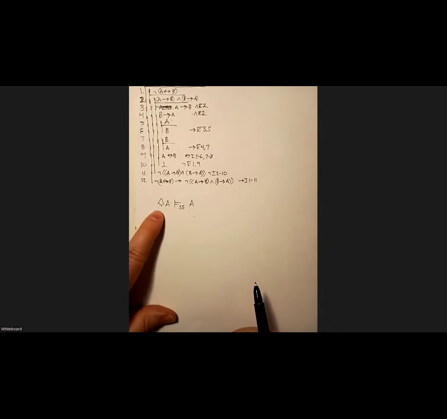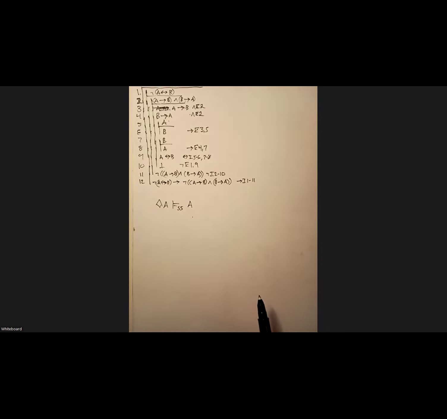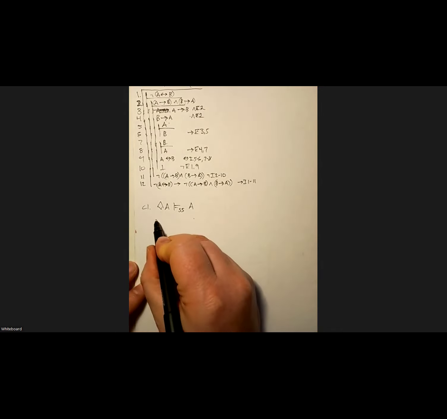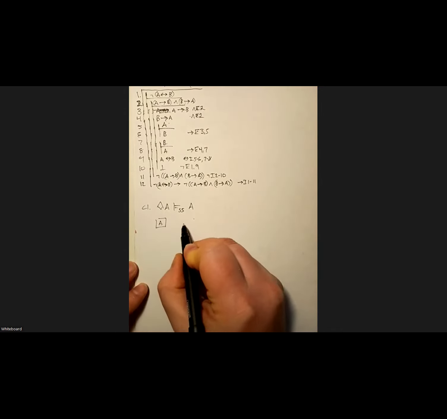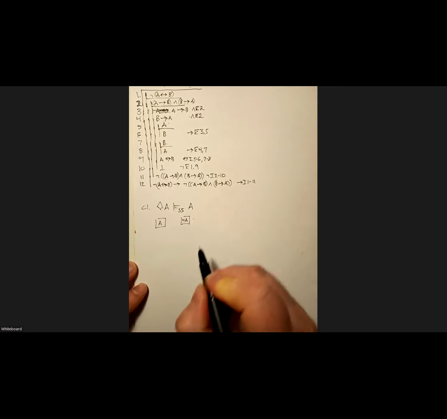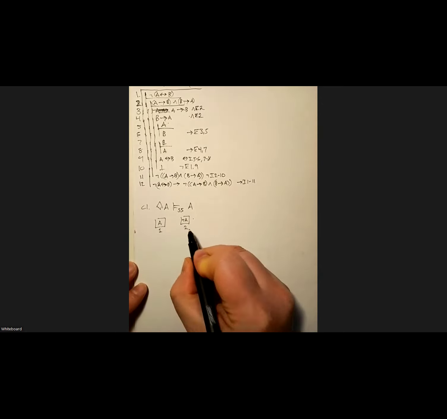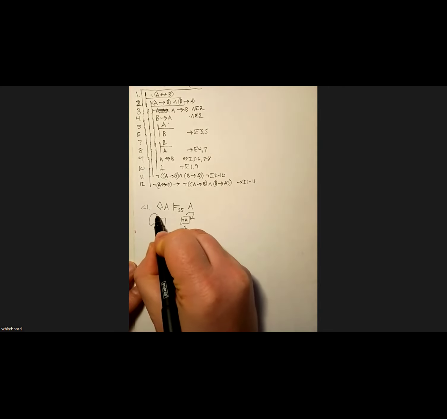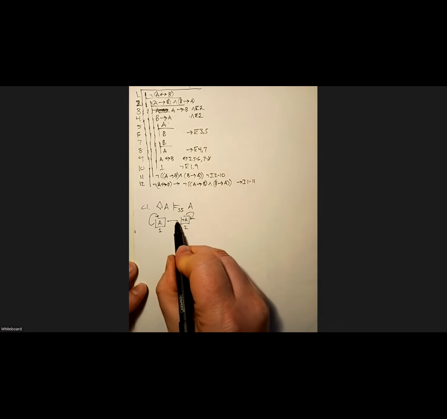If we remember, diamond A is true at a world if it can see some world where A is true, and A is true if it is the case at that given world. So for our first example, C1, we could do an instance like this. We've got a world with A and a world with not A. We'll call this one world 1, and that's world 2. Because it's S5, they have to be able to see each other and themselves.